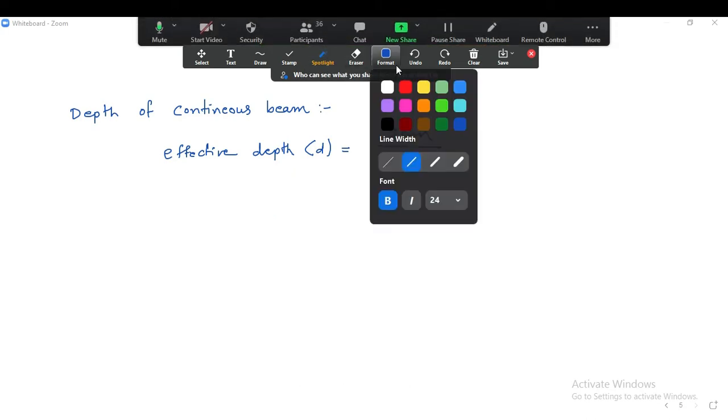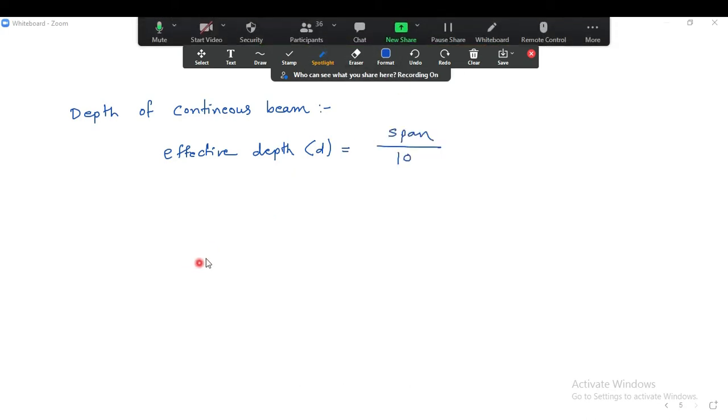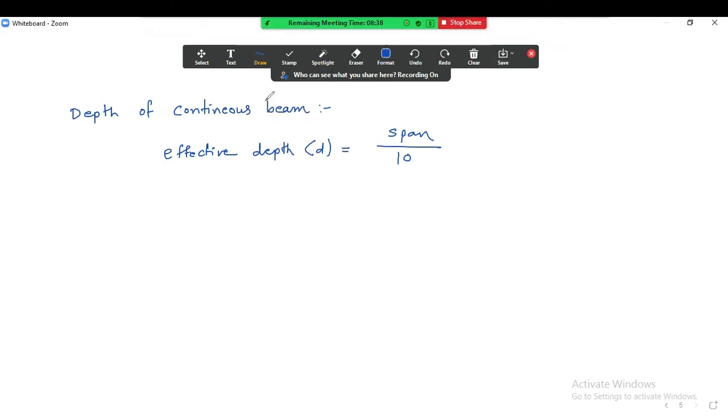Instead of telling orally, we will take the numerical and solve it step by step so that you will understand it better. It is much easier if you understand the design of continuous slab which we have taken already. Then it is much easier to design the continuous beam.